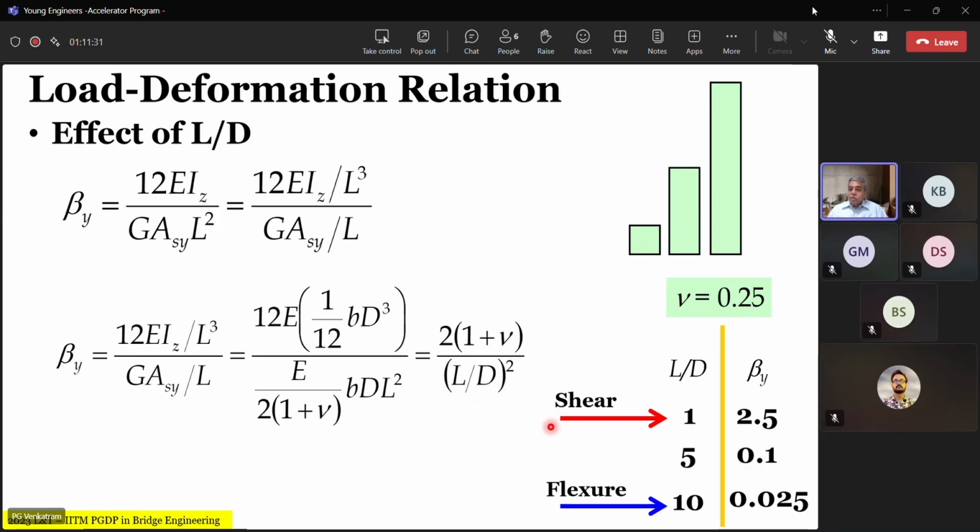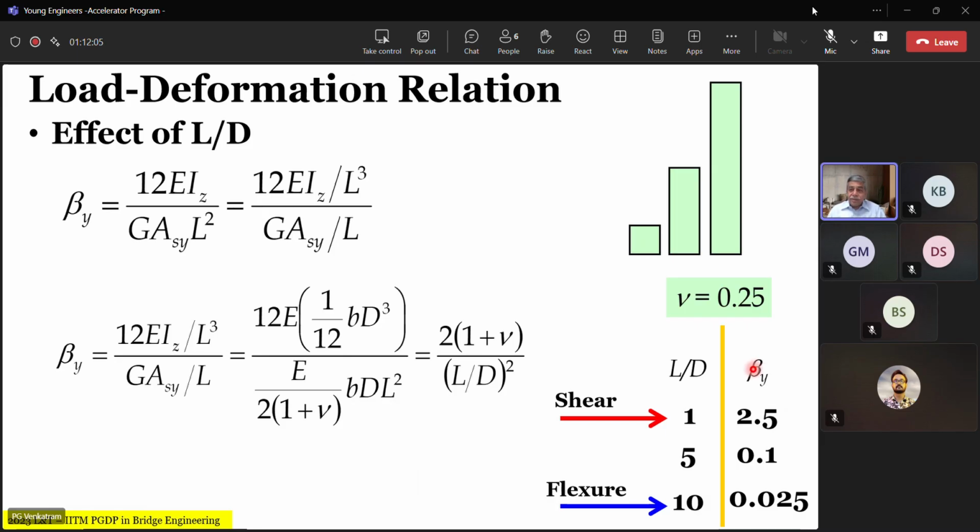Right? So what does it mean? That when your L by D is large, your beta is very small, and therefore your matrix will never be ill-conditioned. But as your L by D becomes smaller and smaller, your beta y goes on increasing, and your matrix tends to go towards ill-conditioning.